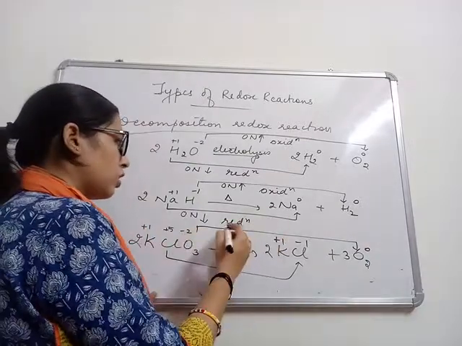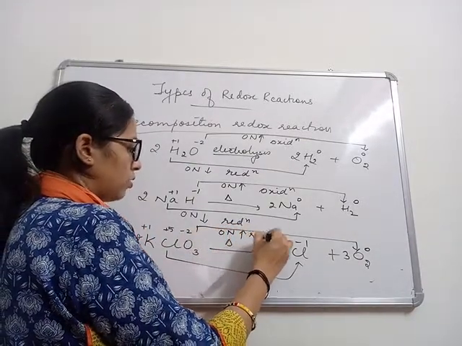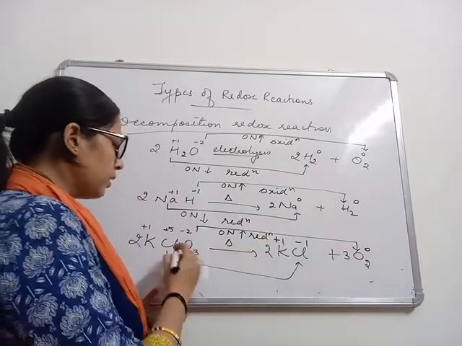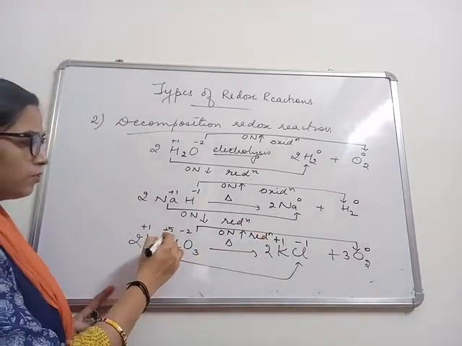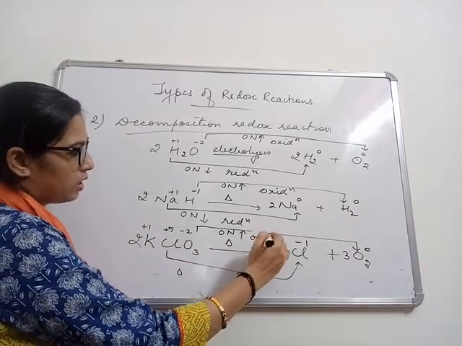So for -2 to 0, the oxidation number is increasing, so oxygen undergoes oxidation.